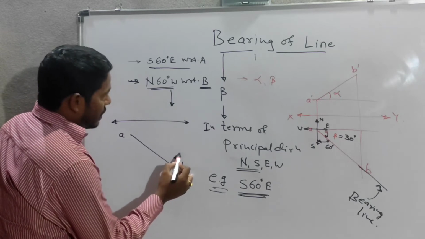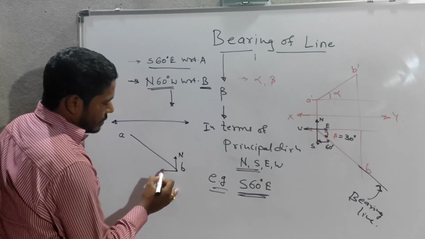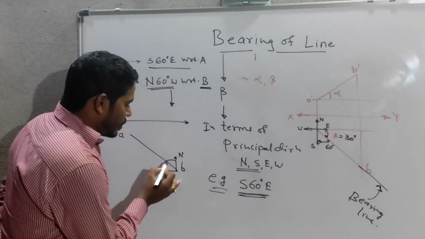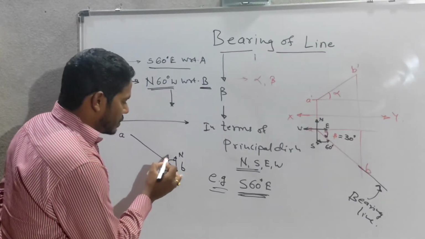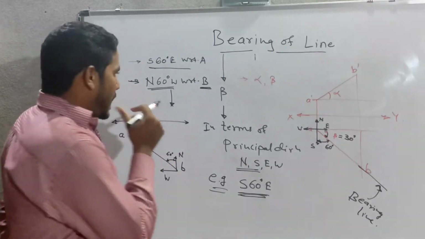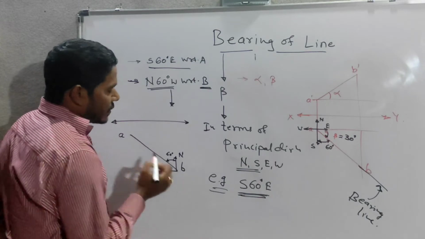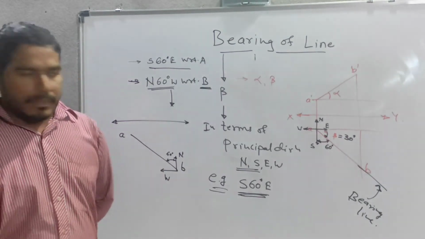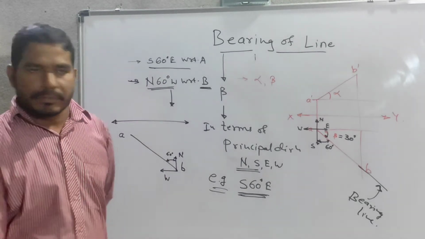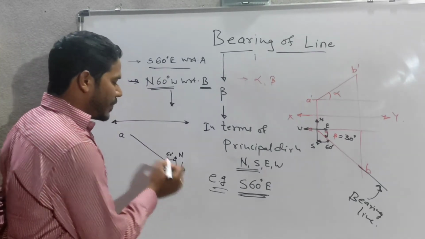This is the north and this is the west. From the north, it's making a 60-degree angle. As per this content, the bearing should be like this. But we can't show this bearing directly because we don't know the position of point B.